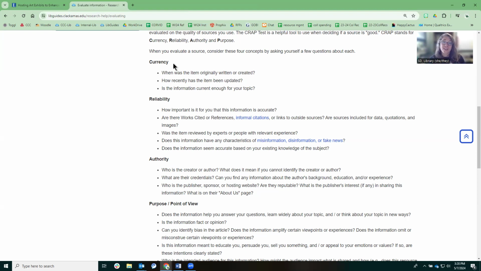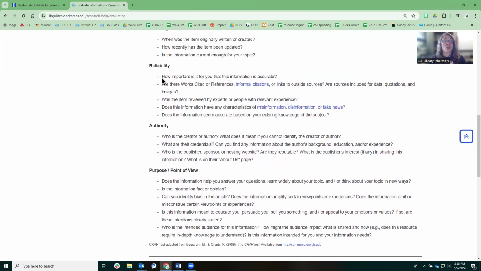It's that it depends on what your topic is. This is what in the library we call contextual. So all of these things are going to vary based on what you're trying to do. So trying to evaluate a source is a really great time to come and talk to a librarian. And I'll mention at the end how to do that.